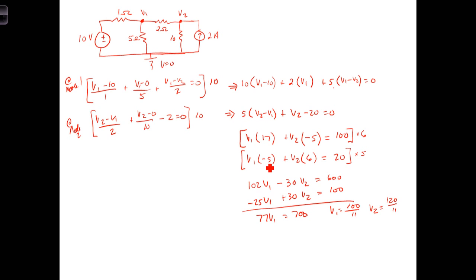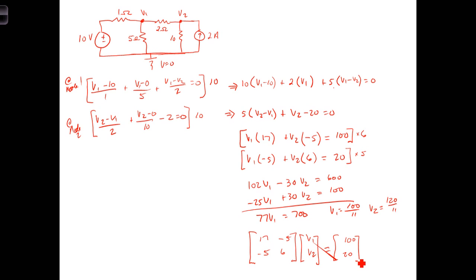Another way is to use your matrix solver, which would consist of forming these two matrices. The coefficient matrix, which is 17, minus 5, and minus 5, 6, times, of course, your variable vector V1, V2, equals 100.